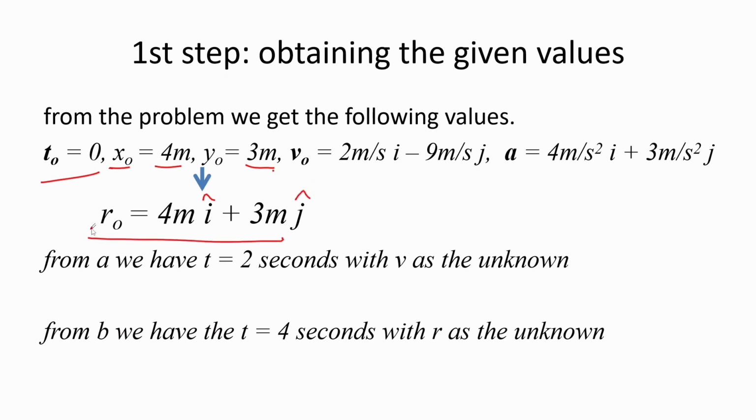So this is the form we created. We now have r naught, v naught, and a, and initial time 0. So from part a, we have 2 seconds with v as the unknown, the final velocity. From part b, we have the time t of 4 seconds with r as the unknown. Let's go.